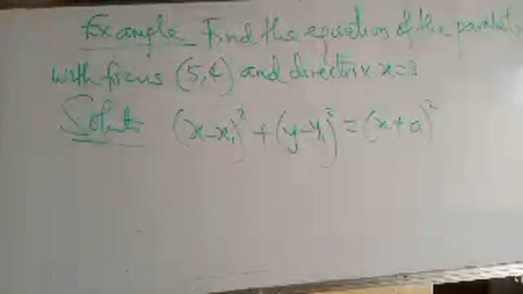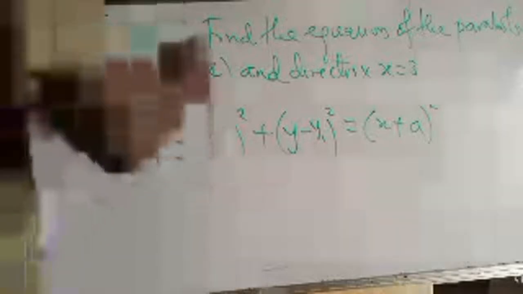That's how we got that. So I could replace this a with my x1 to make it easier for us. That's the formula we're going to start with. So here our x1 is 5, our y1 is 4, and our directrix x equals 3.